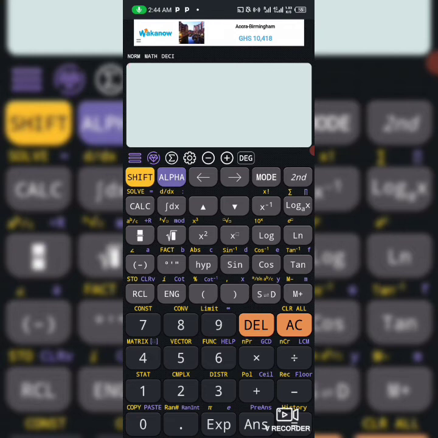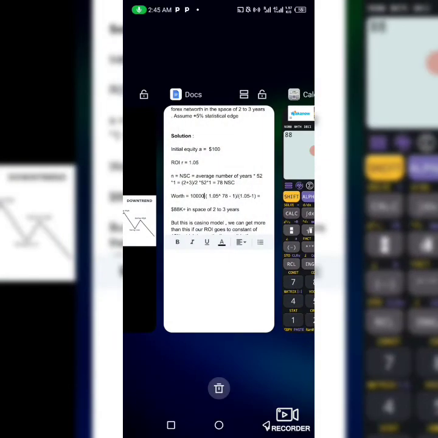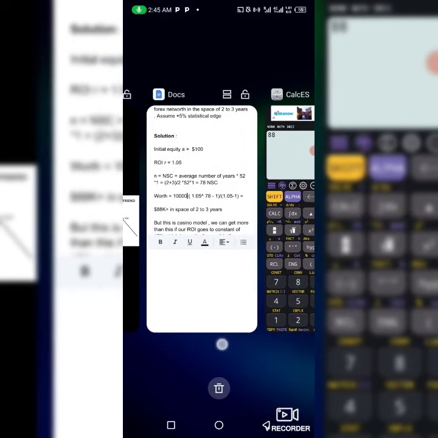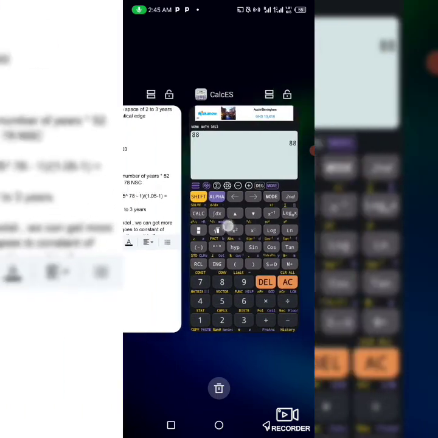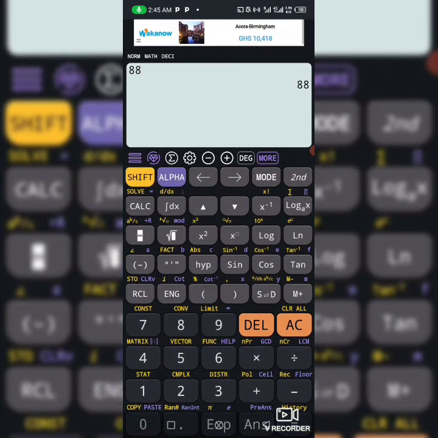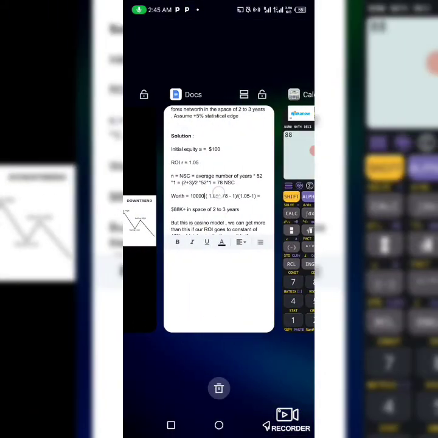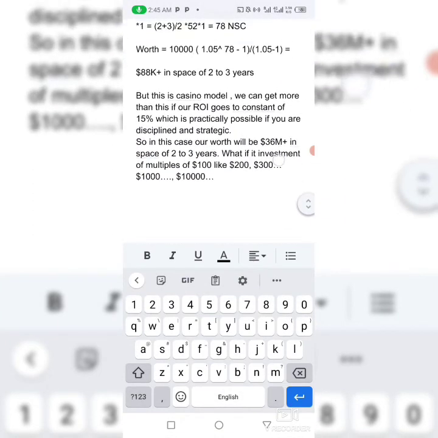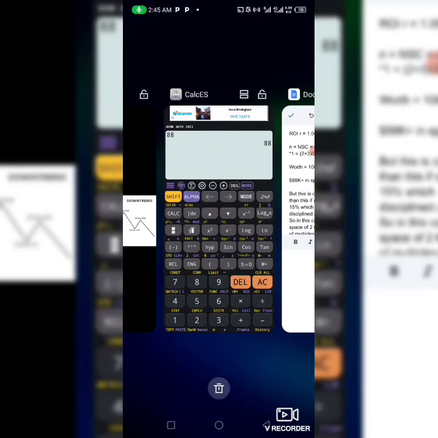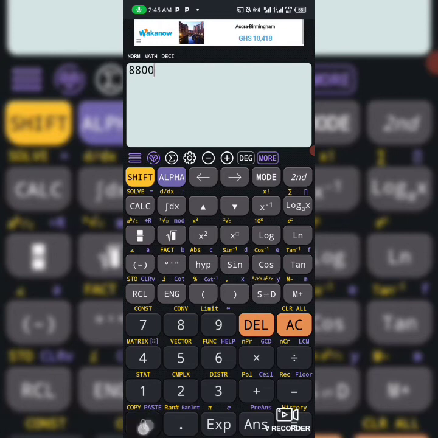So if the $100 in initial equity gave us 8,000k, I think we'll put it in the script. It's 8,000, so just take an approximation.